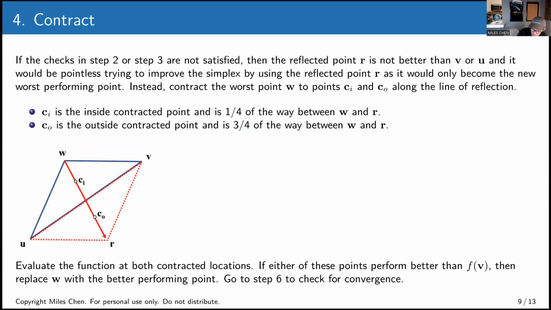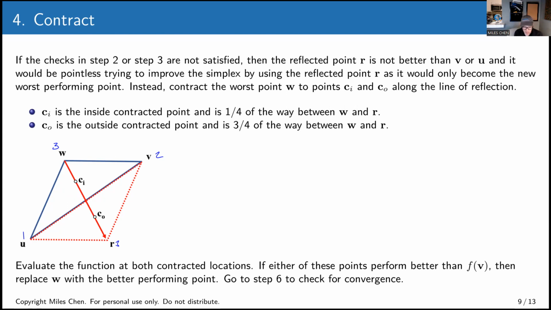If we reflect the point, and this is again our best point, our second best point, and our third best point, and R is not better than V, if it's still like our third best point, there's no point in accepting the reflected point, because then that will just become the new worst point.